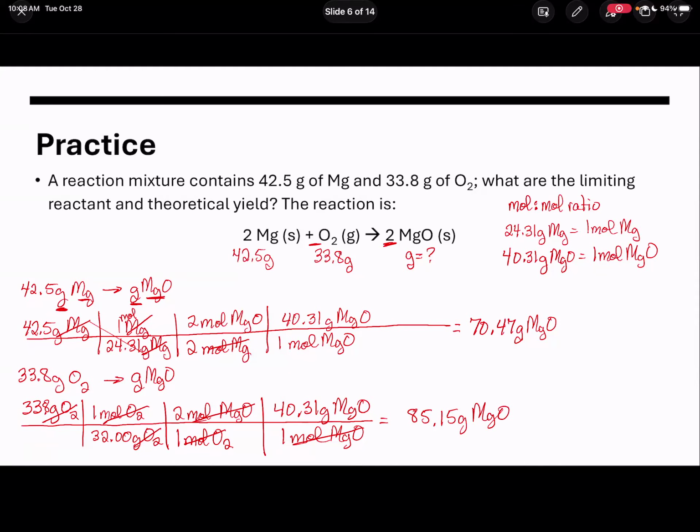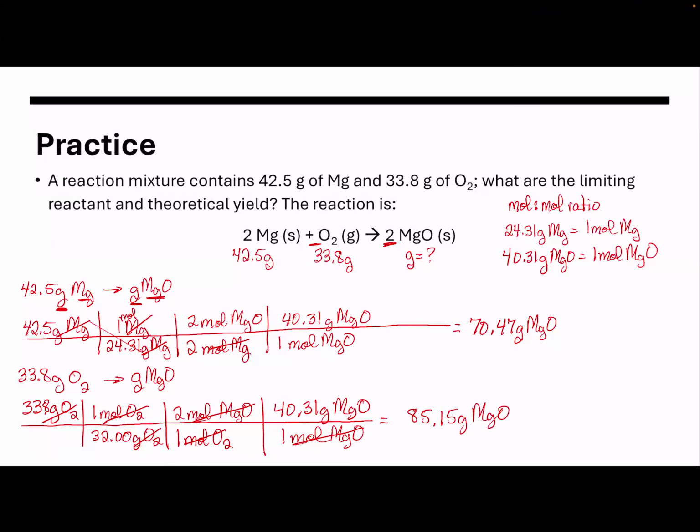Okay. You've performed the calculation, but we haven't actually answered the question. What is the limiting reactant and what is the theoretical yield? What you're going to do is look at the two numbers that you obtained.